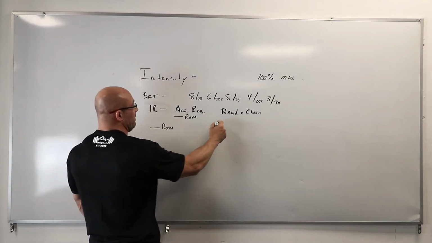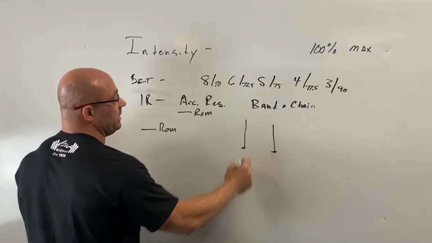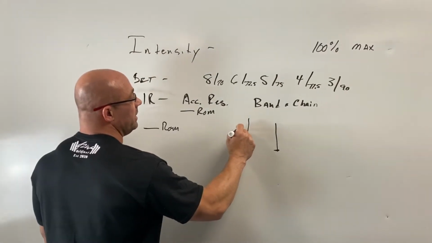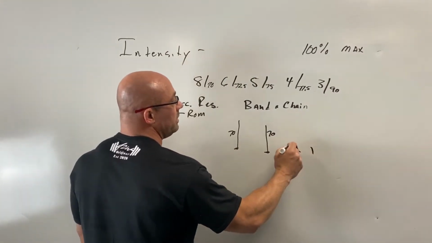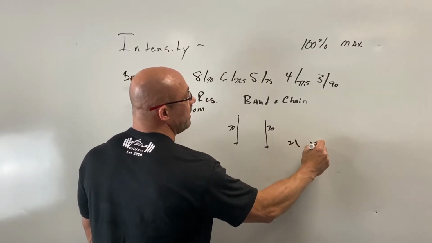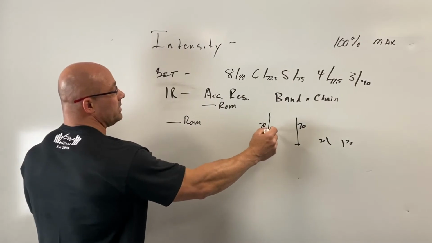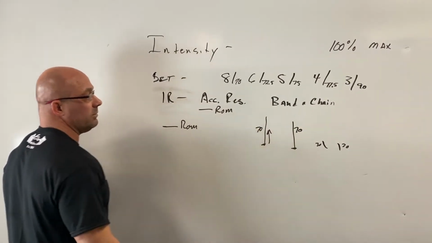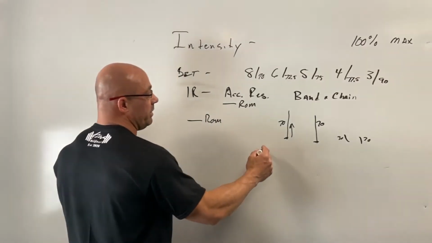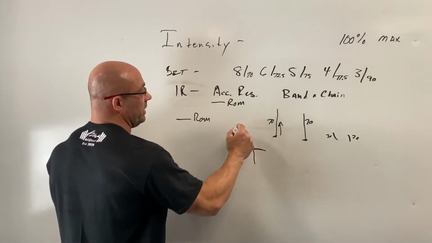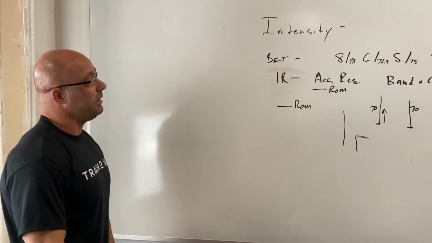For instance, the band tension could be, say, 70 pounds at the top, and maybe 30 pounds at the bottom, not including bar weight. So as the individual goes through the range of motion, the intensity, of course, increases from the bottom position to the very top position of the lockout. So intensity can be fluctuated that way.